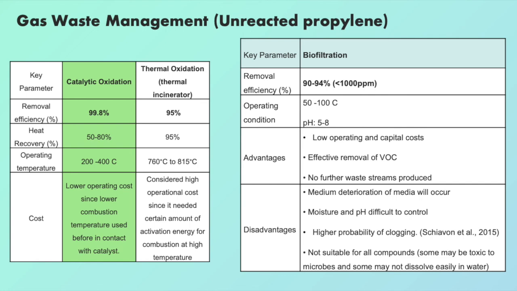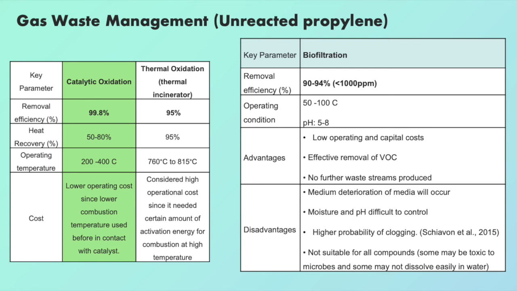As shown here, catalytic oxidation uses catalysts, and thermal incinerators are the type of combustion ways to degrade unreacted propylene. Here we favor catalytic oxidation since it runs at a lower temperature compared to the thermal incinerator. However, both of these technologies convert the unreacted propylene into carbon dioxide and water at a higher amount.